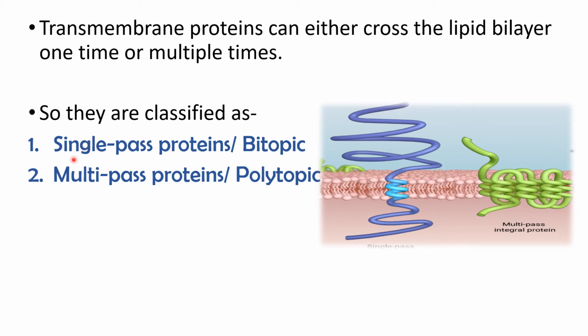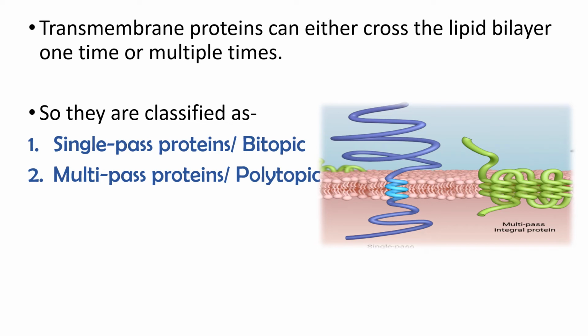The first one is the single pass protein, also known as bitopic protein, as it spans the entire lipid bilayer only one time. And the second one is the multipass or polytopic protein, as it spans the lipid bilayer more than once. You can see over here, these particular proteins are spanning multiple times in the lipid bilayer.